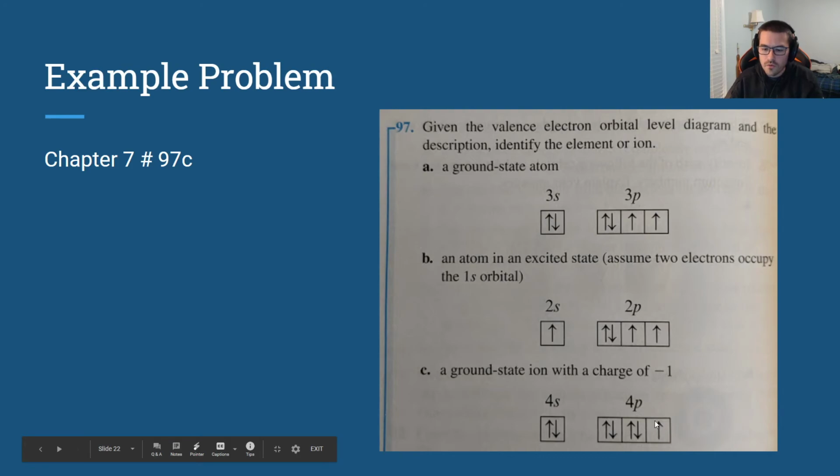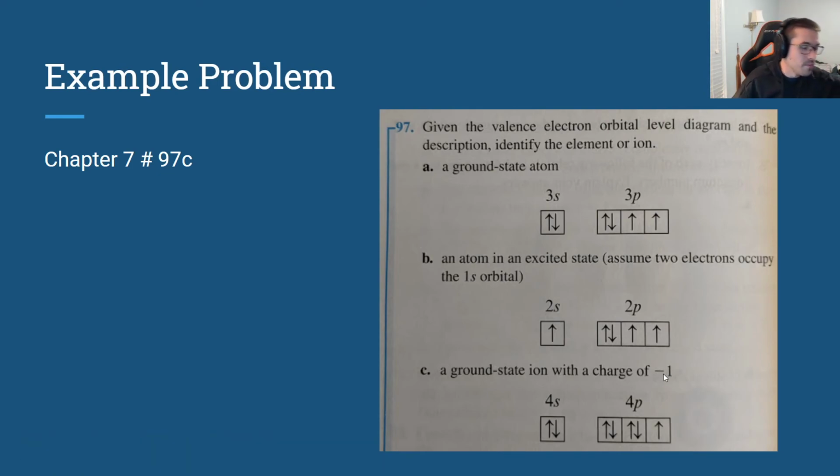So 25 electrons. But remember, this is a ground state ion with a charge of -1. As we previously discussed, this means it has one more electron than protons. So if this has 25 electrons, that means it must have 24 protons.